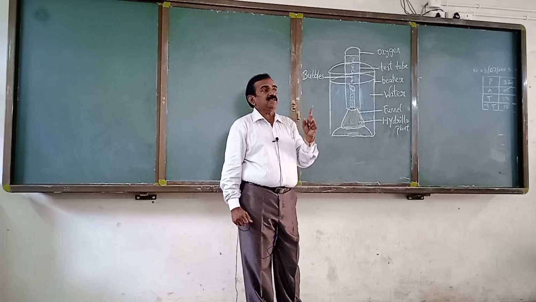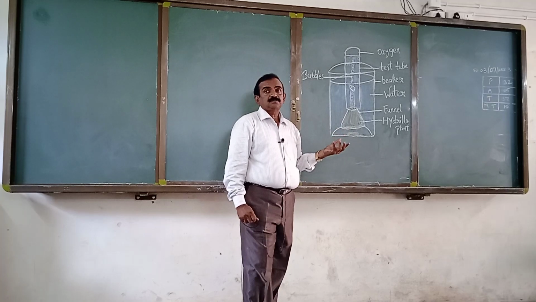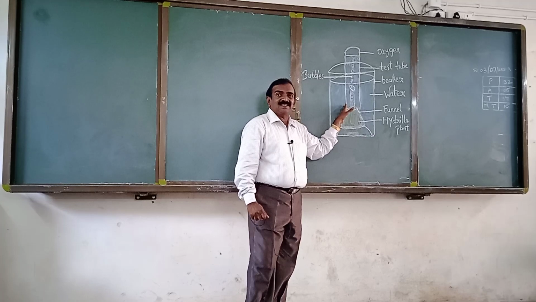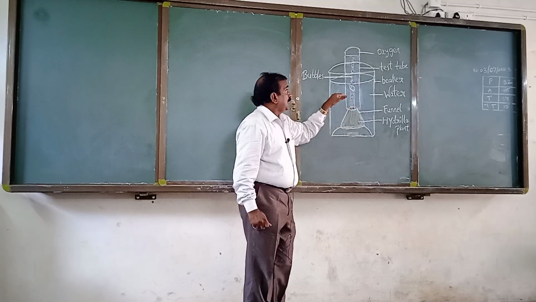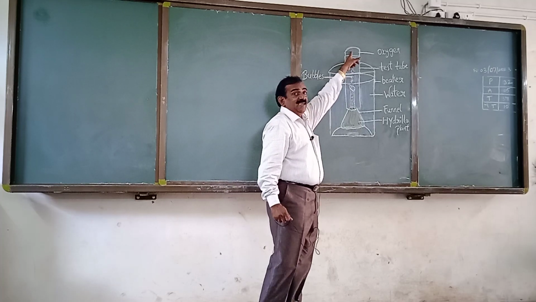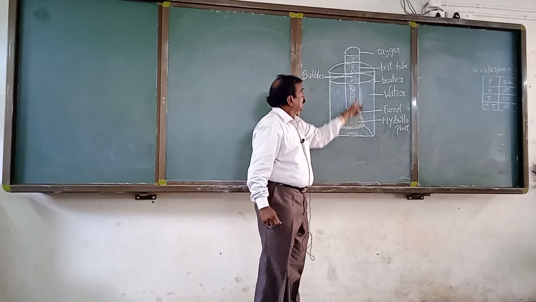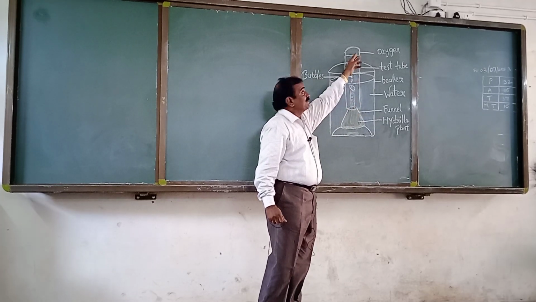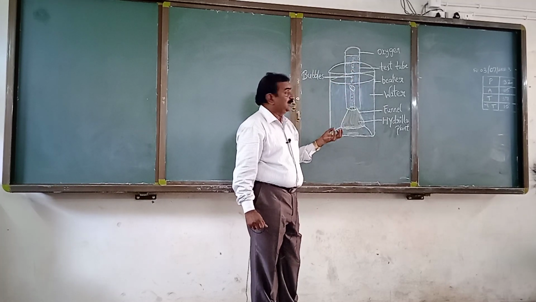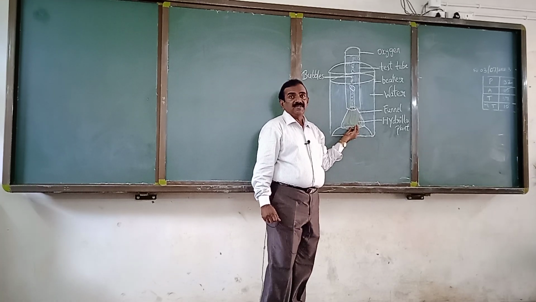After a few hours, if you observe the setup which is kept in sunlight, at the end of the funnel, the end of this test tube, you see some gap. Why is this gap occurring? Because in sunlight the Hydrilla is performing photosynthesis.